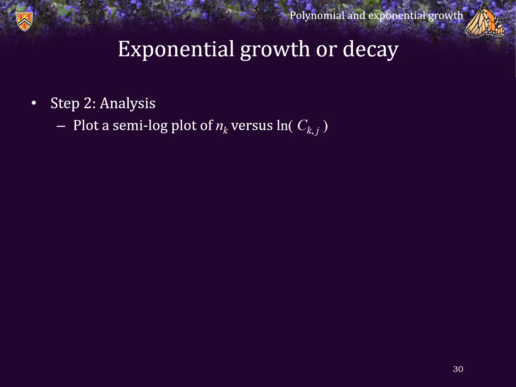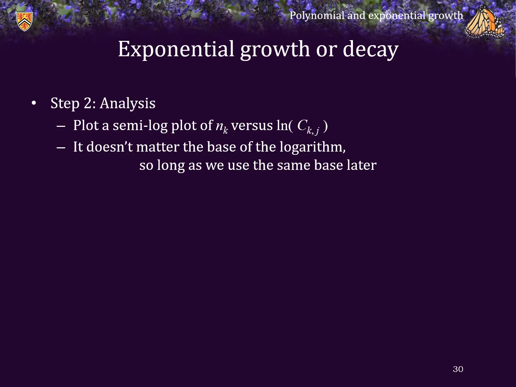So what we will do is we'll have a log plot of the n sub k values versus the logarithms of the counts at that time. Now, it doesn't matter what the base of the logarithm is. Could be the natural logarithm, could be log base 2. But if you choose anything other than the natural logarithm, just be sure to use that same base later when you raise the result to the exponent of that base.